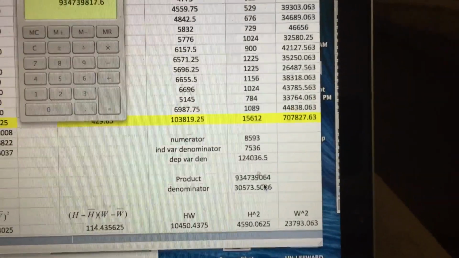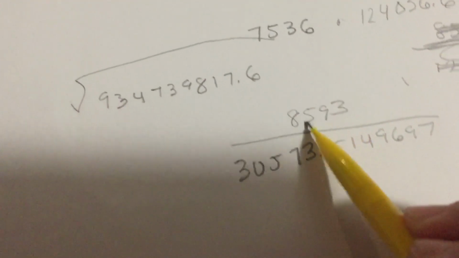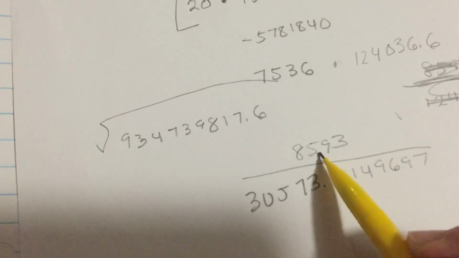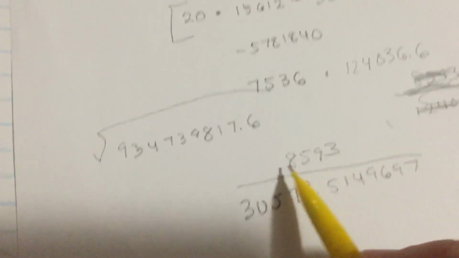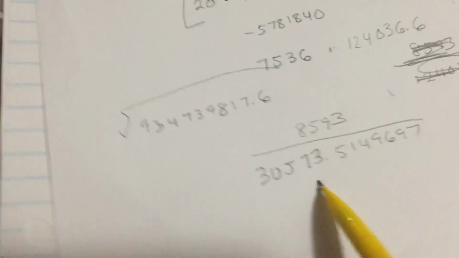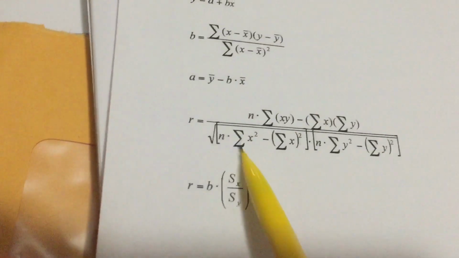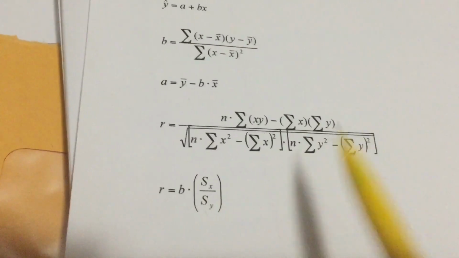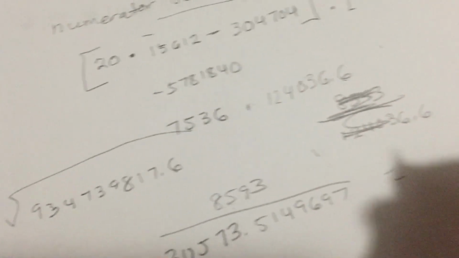30573. Okay, and then if you look at the equation, to finish it off, you'd have to take 8593, which is the numerator, and we would have to divide it by that denominator that we just came up with, and that is how we're going to get our answer.